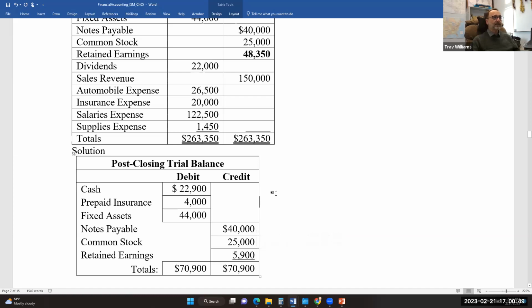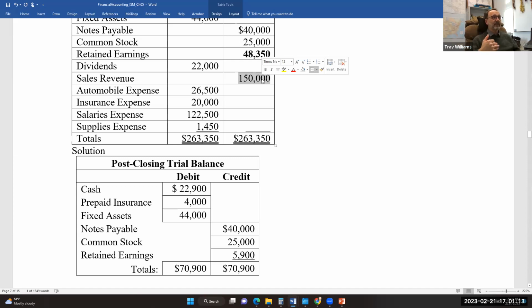And that makes sense. We started with a much higher retained earnings, but this company had a lot of expenses and they paid out $22,000 in dividends, which was probably not a smart idea if they weren't making a lot of money. So they didn't quite have enough revenue to cover all of that.